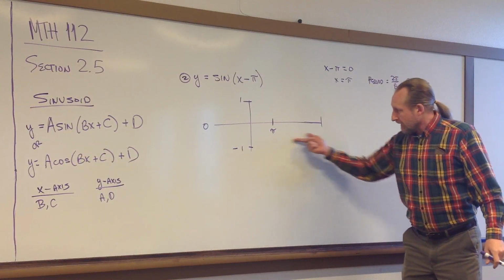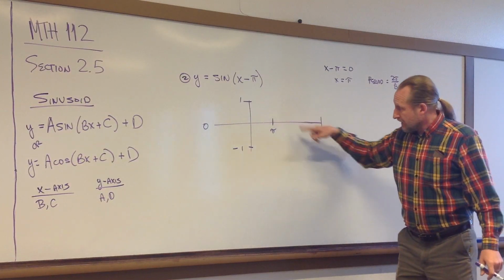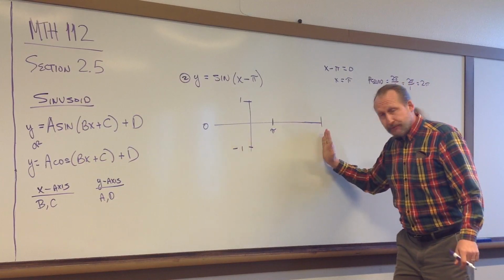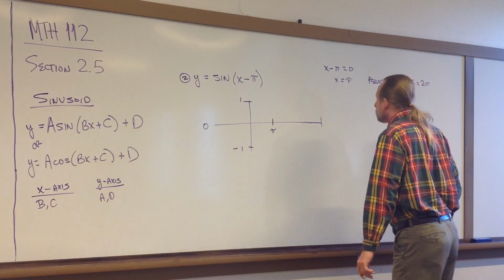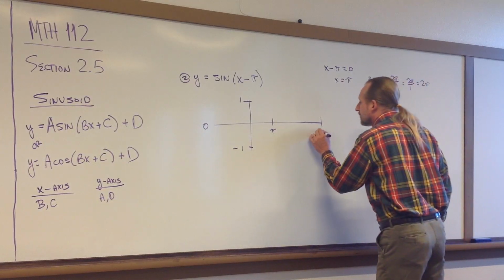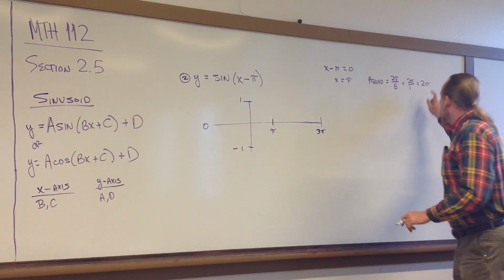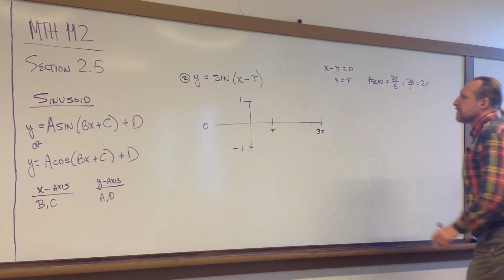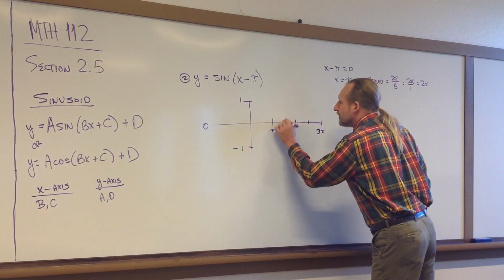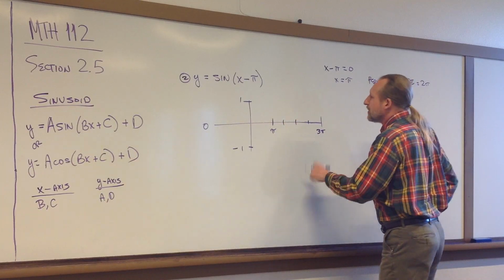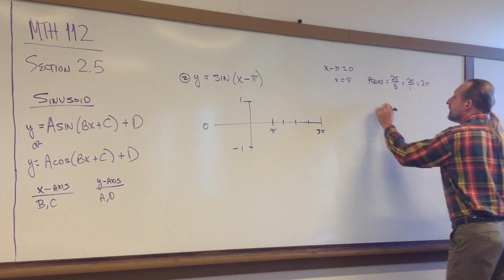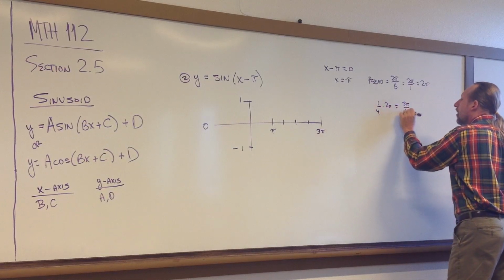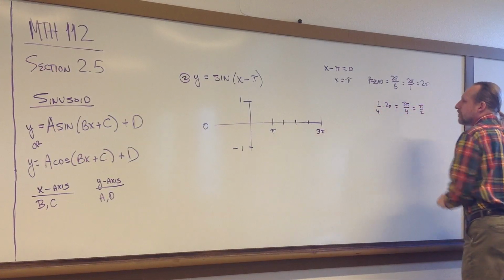That means we're going to get one full period of the graph over a distance of 2 pi, or between pi and 3 pi. So that's one way you can go about doing this, is to add the period to our starting point, and that'll give you the ending point. The other thing we can do, each of these jumps is going to be 1/4 of that period. In this case, 1/4 of 2 pi is pi over 2.